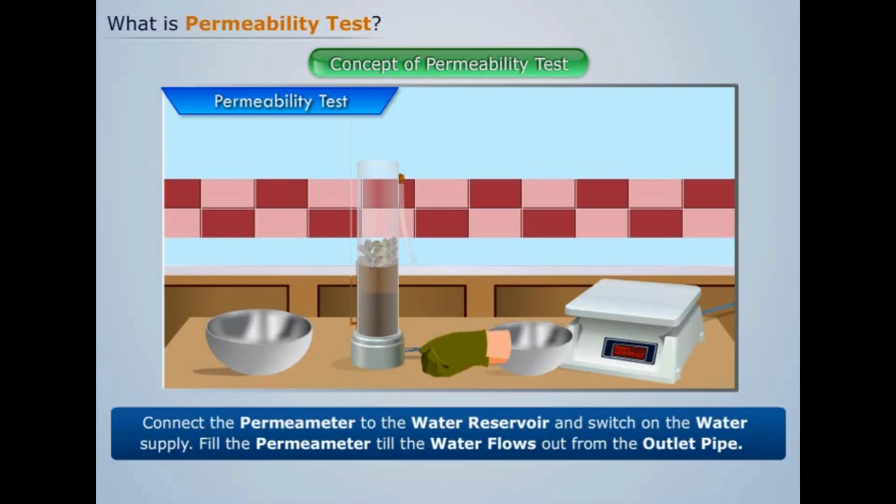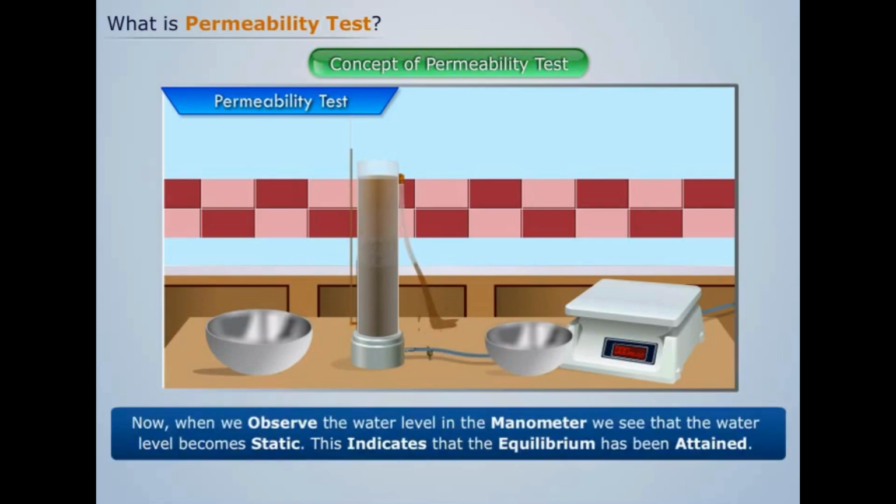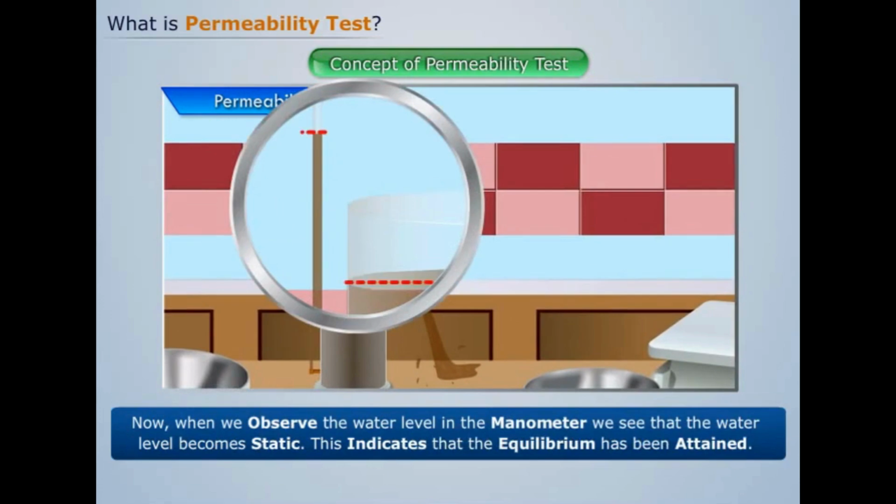Fill the permeator till the water flows out from the outlet pipe. Now when we observe the water level in the manometer, we see that the water level becomes static. This indicates that the equilibrium has been attained.